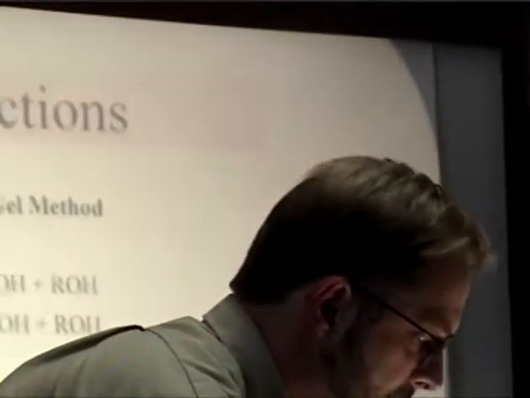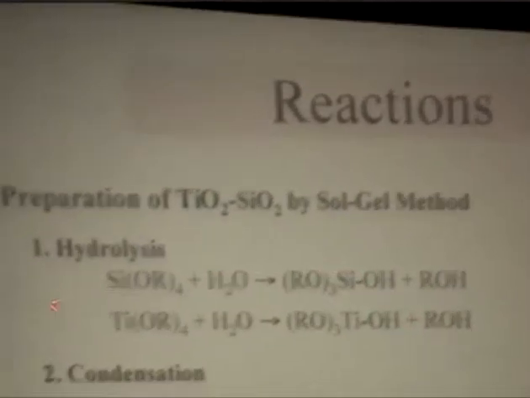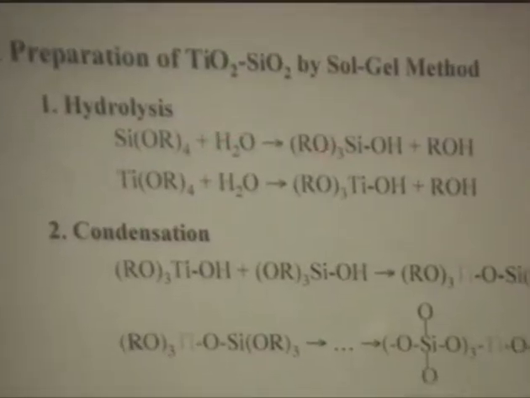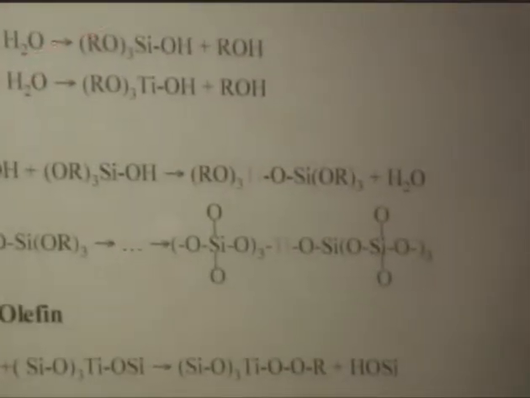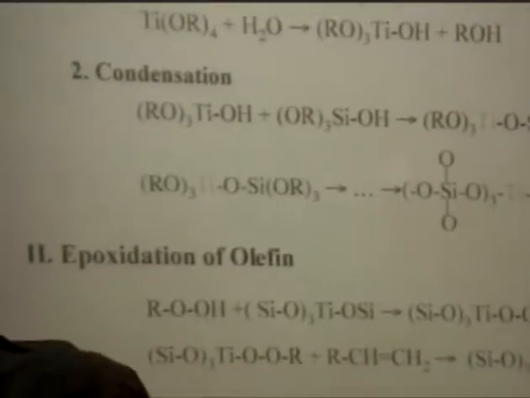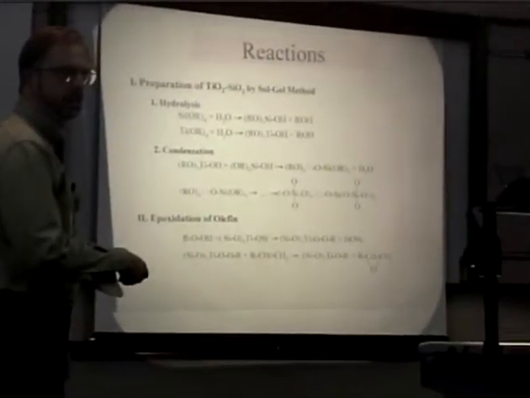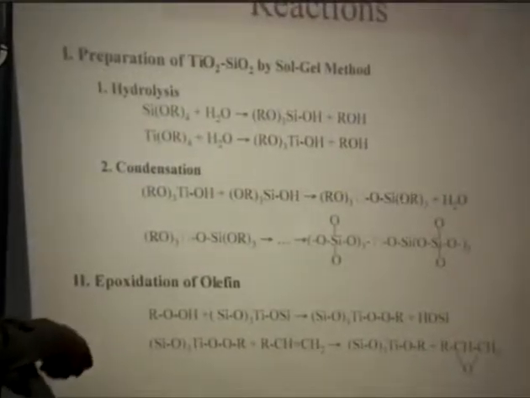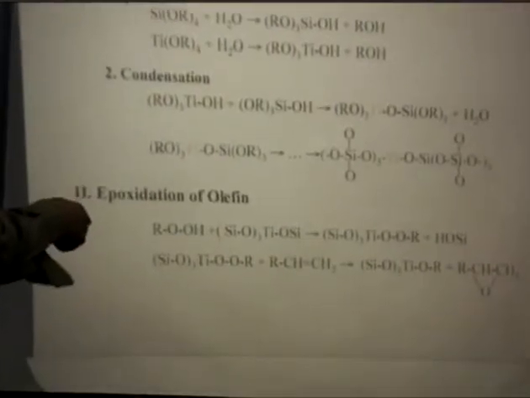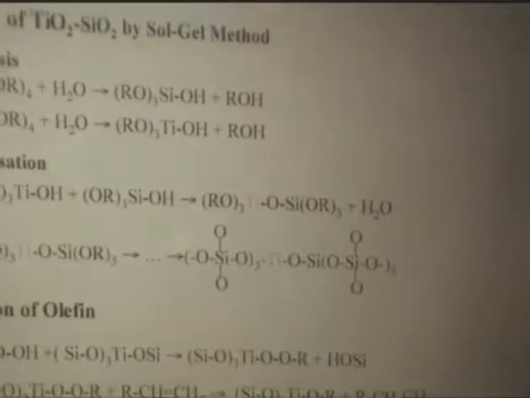If you don't know about sol-gel, these are some pictures of the reactions. Alkoxide and water, you hydrolyze, end up basically with SiO2 or TiO2. And these are the two systems that we're going to look at. You have a hydrolysis and a condensation, you get an oxide. And these two reactions are going to run simultaneously, throwing the vapors together in this case.